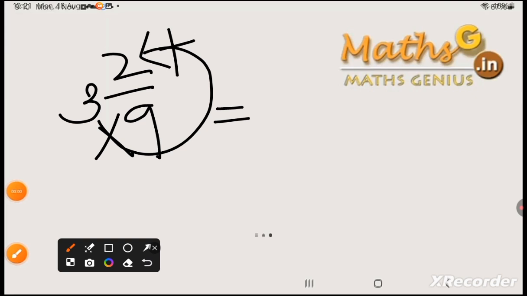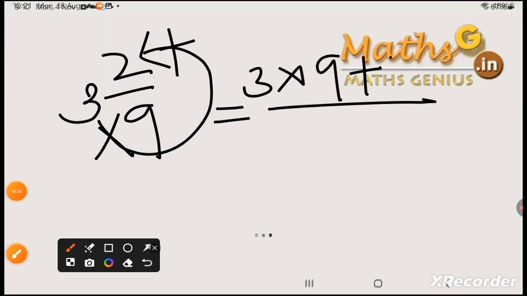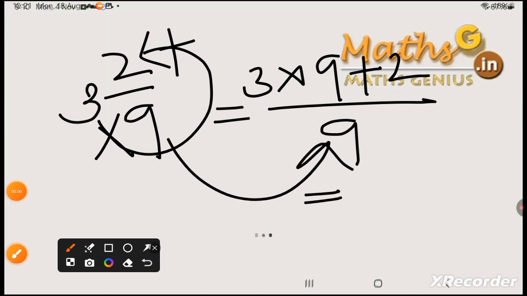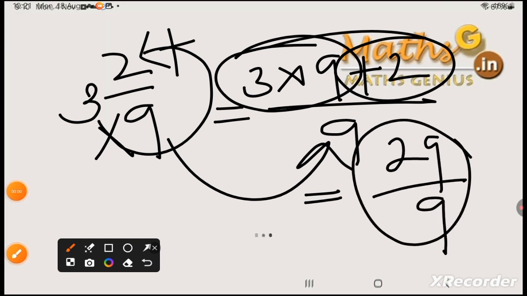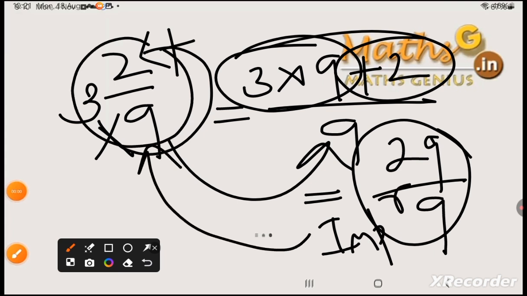So what does it become? 3 into 9 plus 2 divided by the denominator, which stays as it is. 3 9's are 27 plus 2. So 29 by 9 is the improper fraction, which can be converted into the mixed fraction, or vice versa.